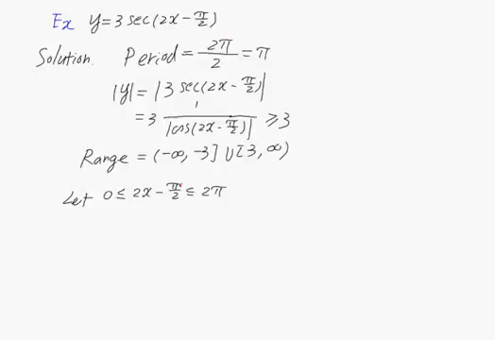So we add half pi to each part. Then we get half pi less than or equal to 2x less than or equal to half pi plus 2 pi, which is equal to 5 pi over 2, right? Now we divide each part by 2. Then we get pi over 4 less than or equal to x, which is less than or equal to 5 pi over 4. Okay?